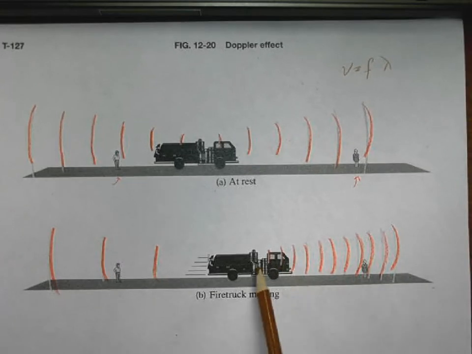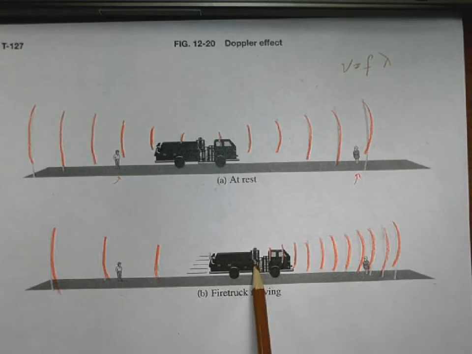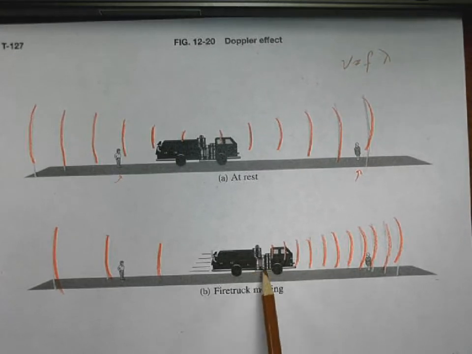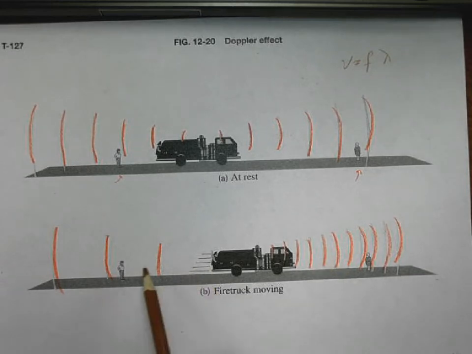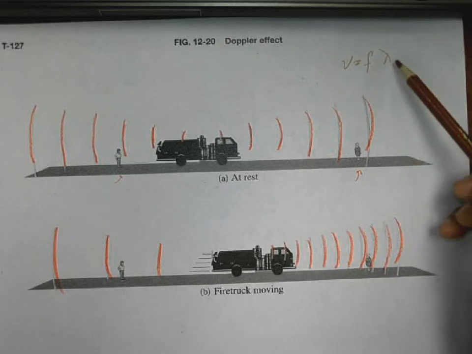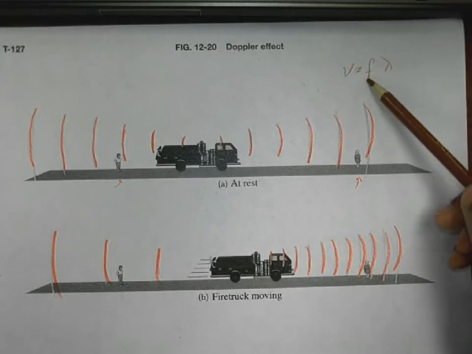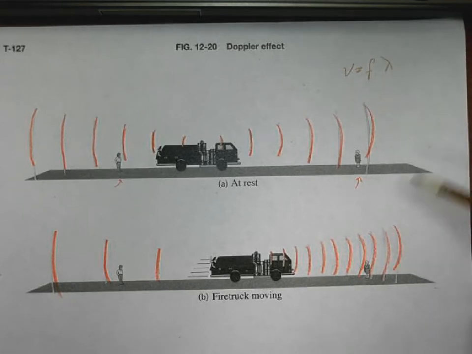So it's not that the truck put out two different sounds. The truck put out one frequency, and then it manipulated those wavelengths by physically moving its position, either compressing the wavelengths or making them longer. If you compress the wavelengths, if this number gets smaller, that means this number has got to get bigger, which means this person hears a higher pitch.